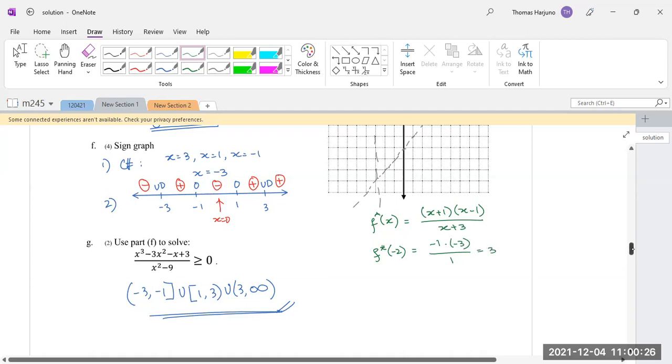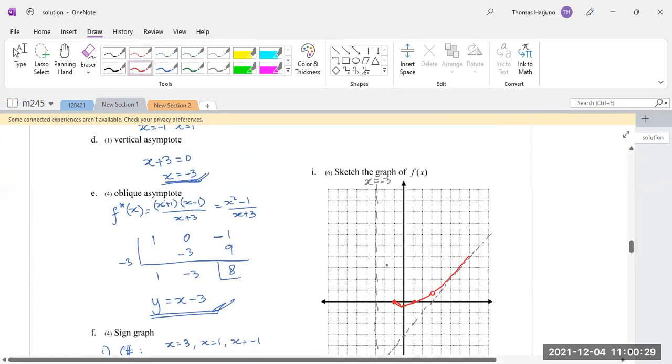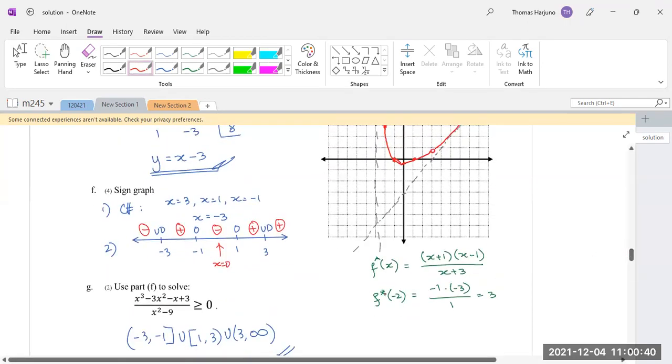So that's (-2, 3). Now how about when x equals -4? f star of -4 will be -3 times -5 over -1. That's negative 15. Oh, that's very far down there already. So it should be like this. Okay, that's what the graph looks like.